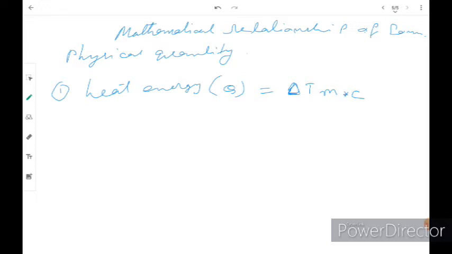C is the specific heat capacity. So Q equals change in temperature times mass times C, the TMC.